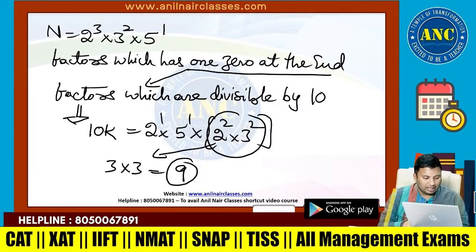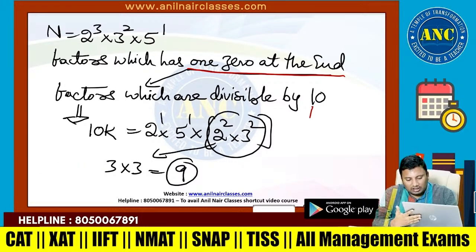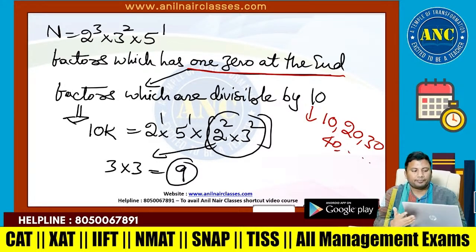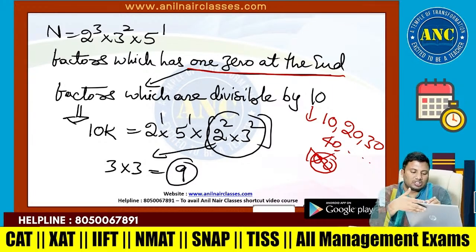I hope it is clear. Factors which have 1 zero at the end: what are the factors which are divisible by 10? 10, 20, 30, 40 and so on. Sir, what if a multiple of 10, like 100, comes into the picture? It has got 2 zeros. 100 will not come into this picture.